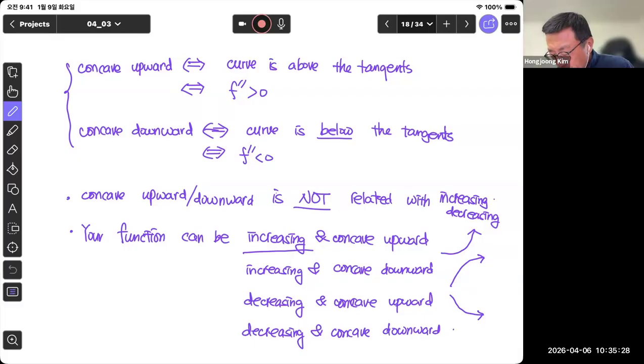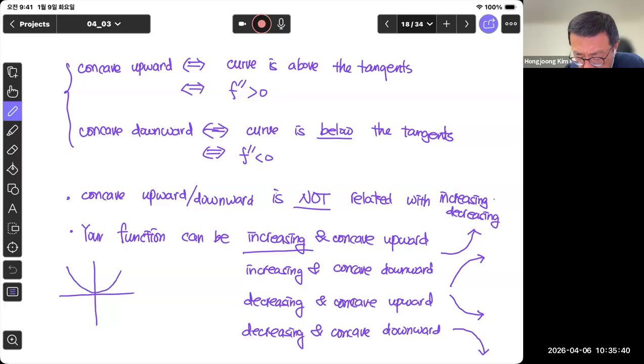Okay. So please remember that for y equals x squared, the function decreases and increases like this. And for negative x squared, the function increases and decreases like this.